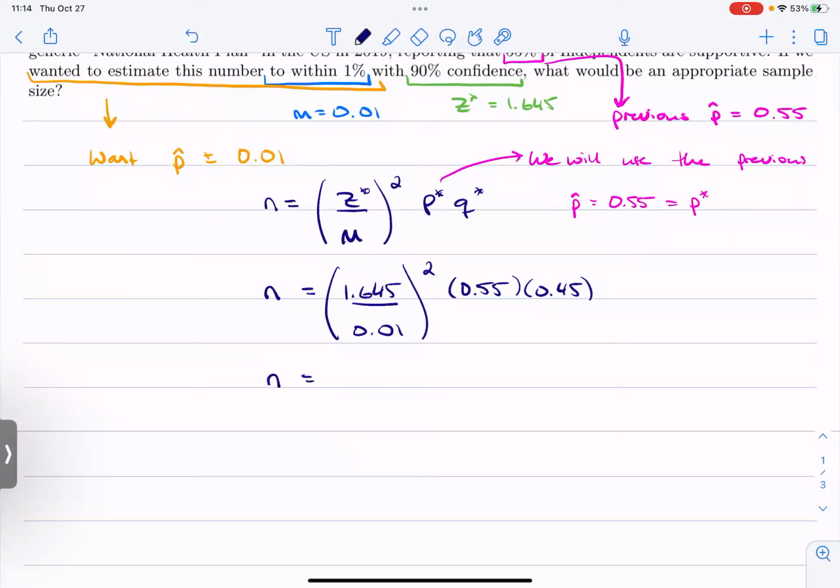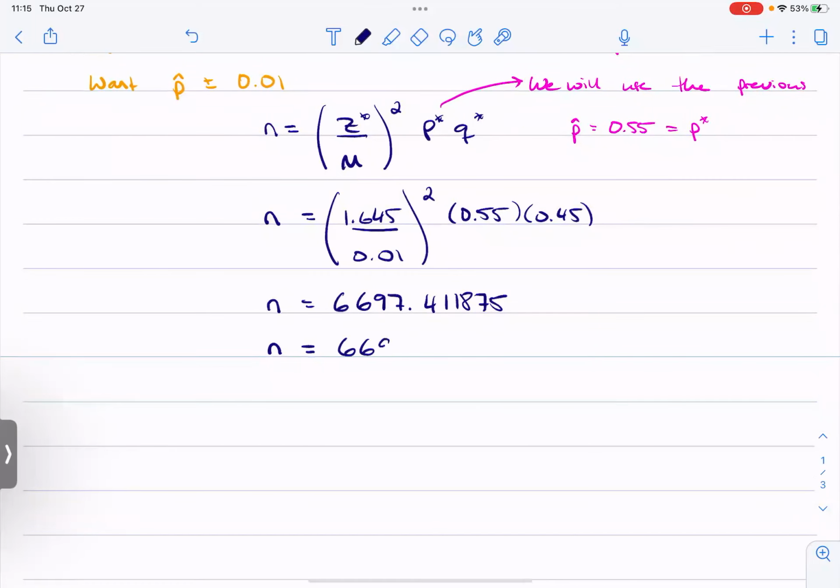So my n then is going to be, and I have it here, 6,697.411875, right? But also remembering that we need to round up. So my final sample size must be 6,698. Make a note here: can't sample 0.411875 of a person. So we need to round up.